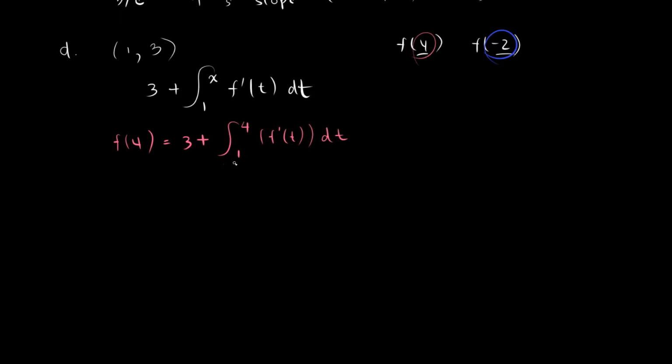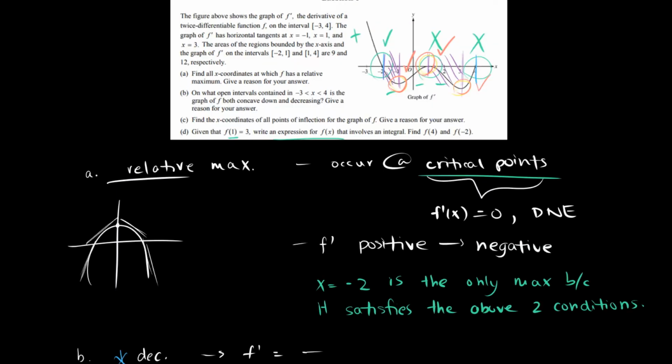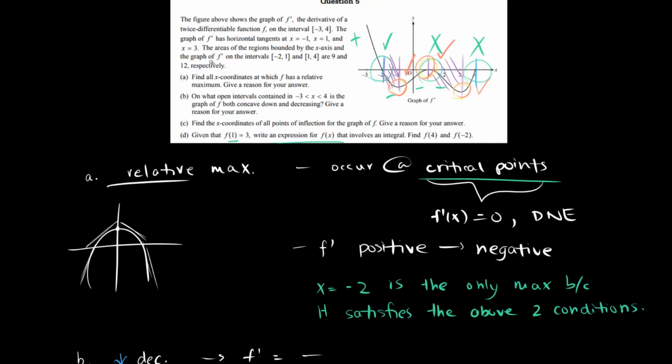We know that this definite integral is just the area under the curve of f prime from x equals 1 to x equals 4. And luckily for us, that information is in the problem. It says that the area under the curve of f prime on the intervals -2 to 1 inclusive and 1 to 4 inclusive are 9 and 12 respectively. So from 1 to 4, this area right here is 12.